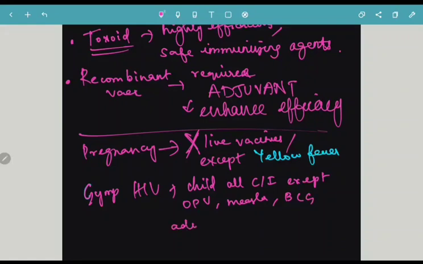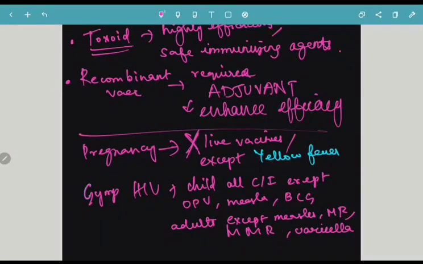And in case of adults, all are going to be contraindicated except for measles, MR and MMR, and varicella. These are not contraindicated.